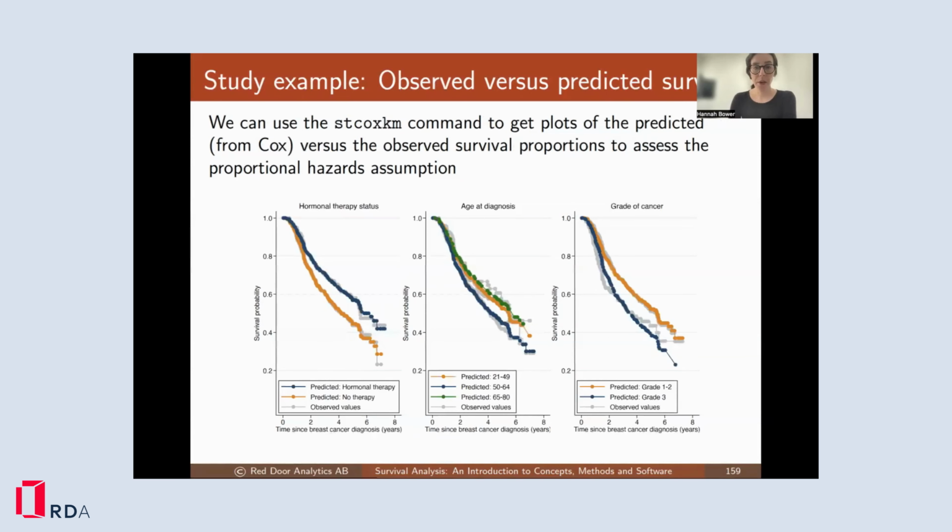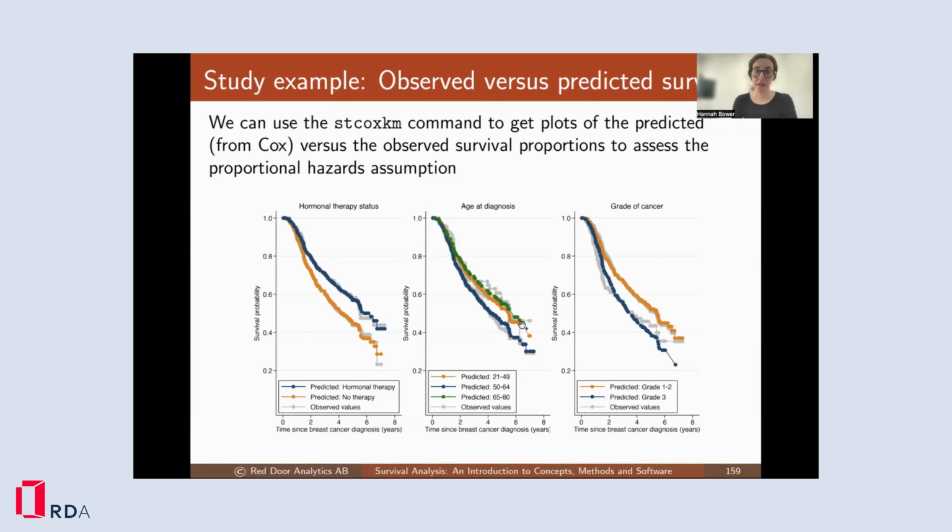And here I show you 3 plots again for the 3 covariates we're interested in. Here we have the hormonal therapy status, which I just presented to you. And then we can see what it looks like for the different age groups. And then you can see quite clearly here, there's a little bit of deviation in the grey observed values for the oldest age group.